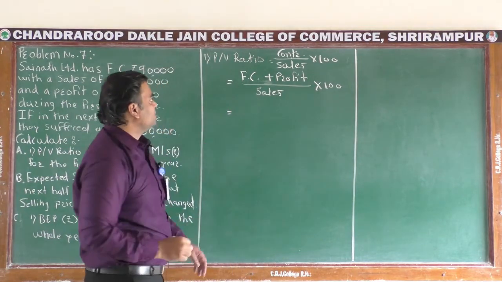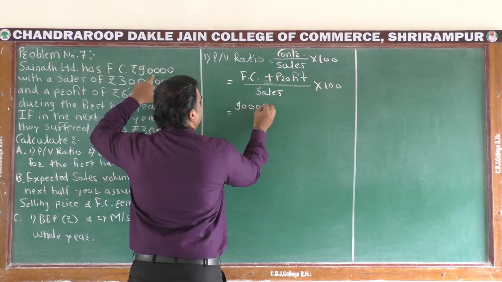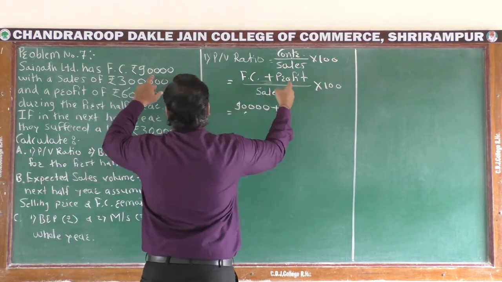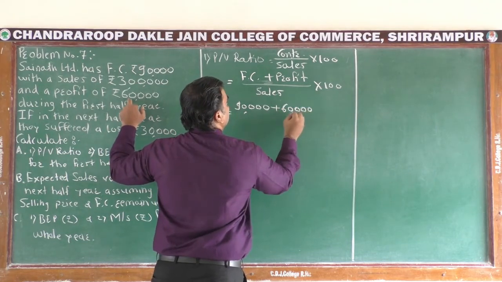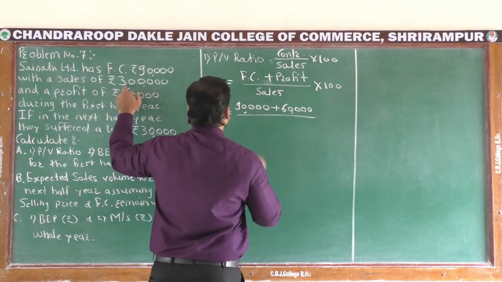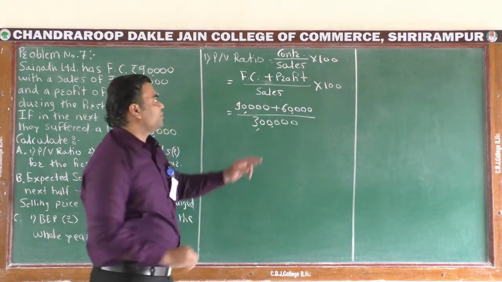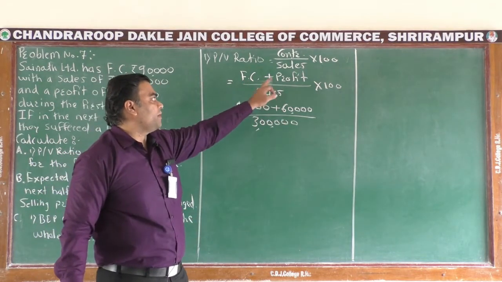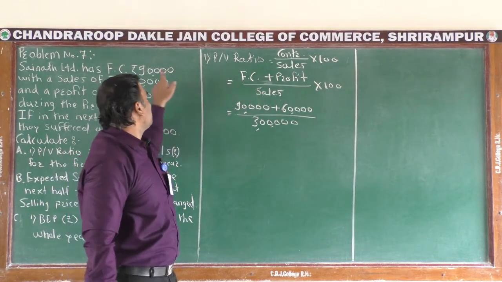So fixed cost which is given, which is 90,000. So 90,000 fixed cost plus profit which is given 60,000 upon sales 3 lakh. As we know, contribution means sum of fixed cost and profit. So for the first half of the year, fixed cost is 90,000.